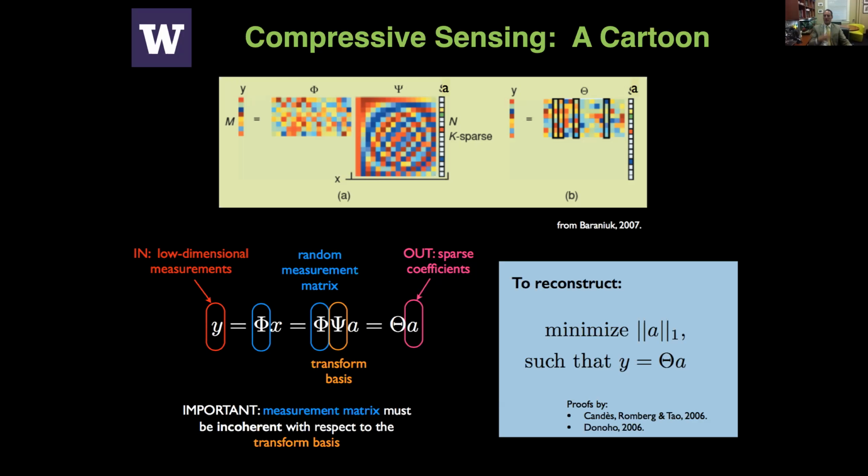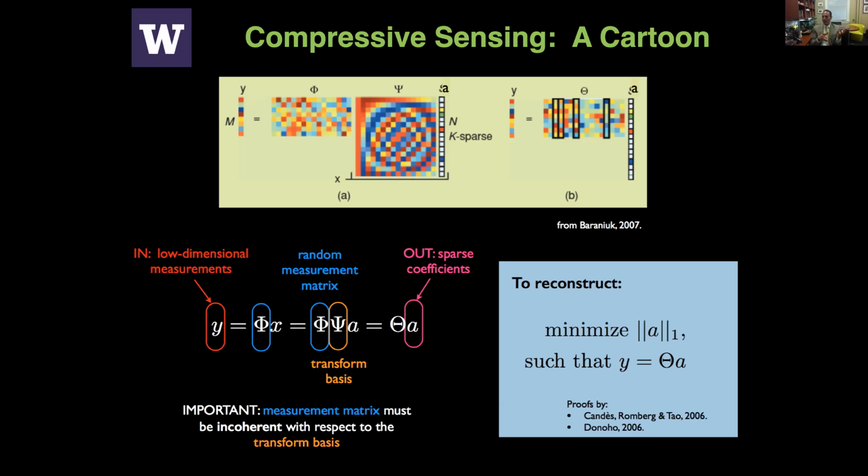Okay, so in other words, I have a signal that can be represented sparsely in some basis. And so you could say, oh, well then in that case, let's measure the system. That's what y is. y is a measurement of the system through some random measurement matrix phi onto the actual signal x, but x itself can be written as psi a. So ultimately, this just becomes a linear algebra problem.